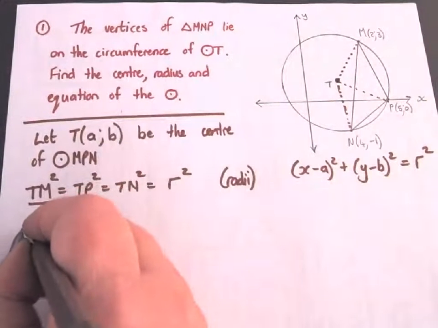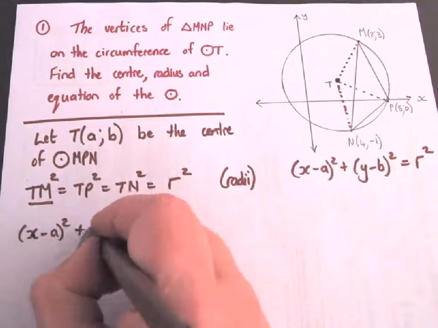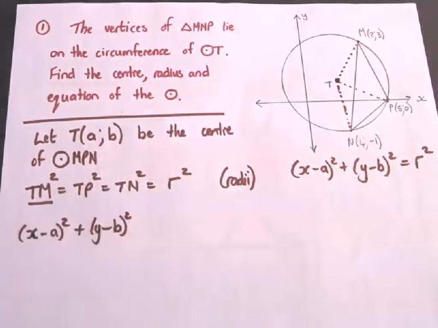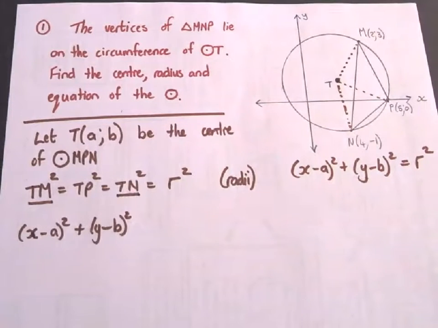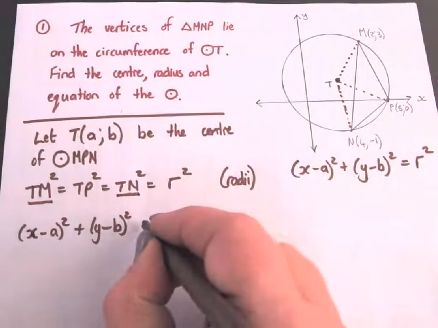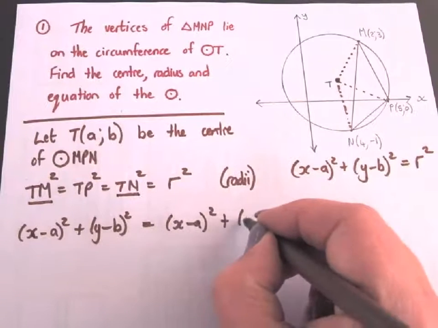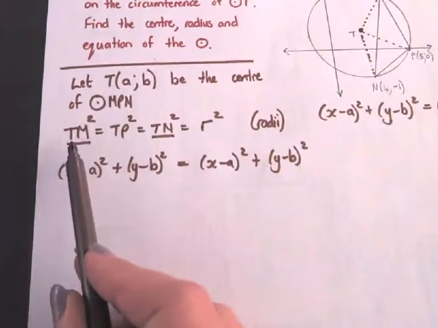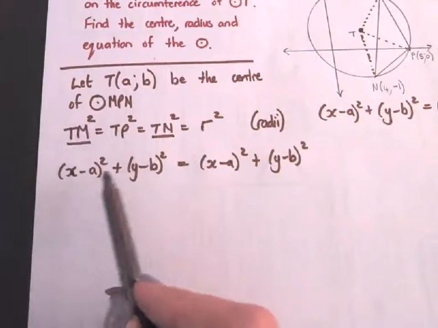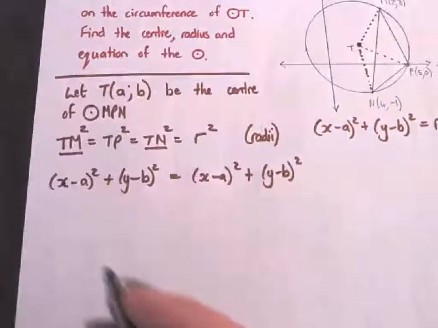It will be x minus a squared plus y minus b squared, which is the radius squared, but that will also be equal to Tn squared. I just pick one. Equals x minus a squared plus y minus b squared. And now I'm going to substitute Tm's values as x and y. So 2 and 3 will be x and y.